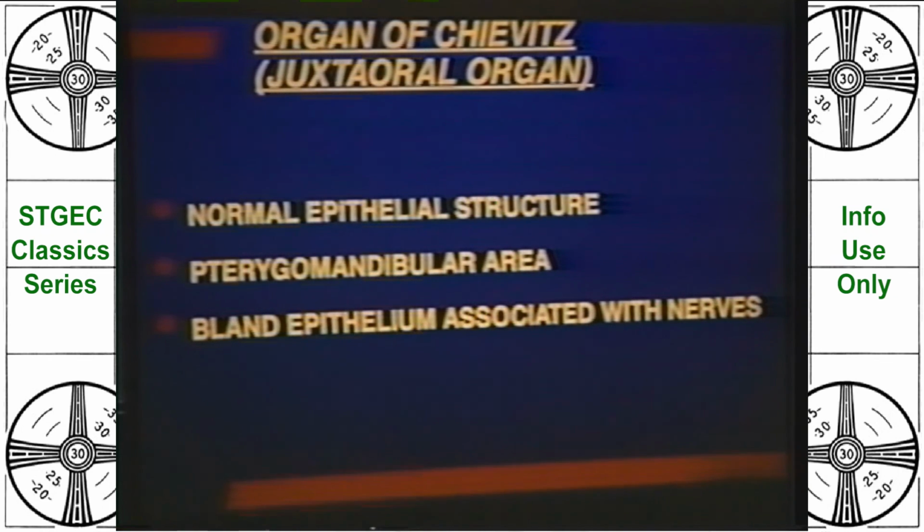And he called that biopsy malignant, called it a squamous cell carcinoma because he saw these epithelial cells in intimate association with nerves. And it makes us nervous when we see epithelial cells associated with nerves.